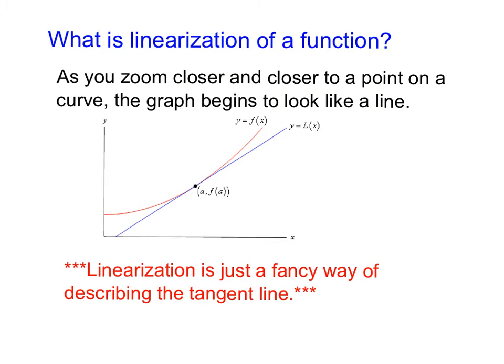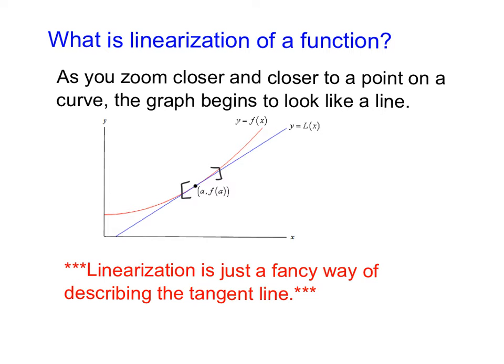Okay, so what is linearization? So the whole idea here is really a fancy way of describing a tangent line. When you get really, really close to a function, it basically blends in with the tangent line. So in this example, we're zoomed out here, but if I zoomed into here, it's almost the exact same thing.